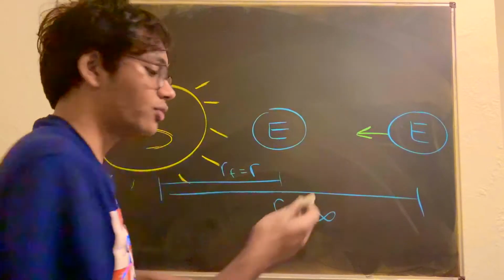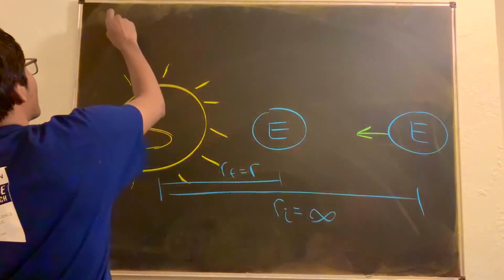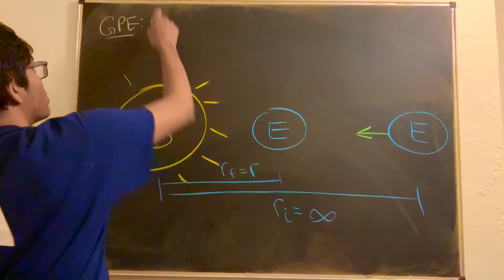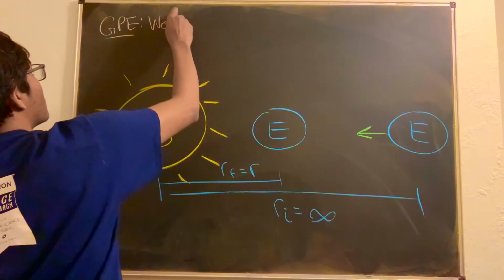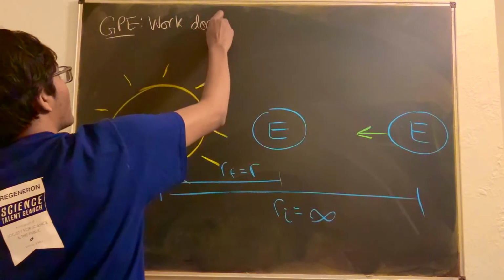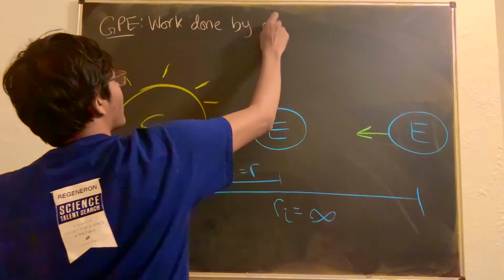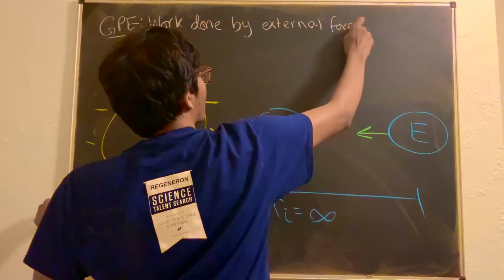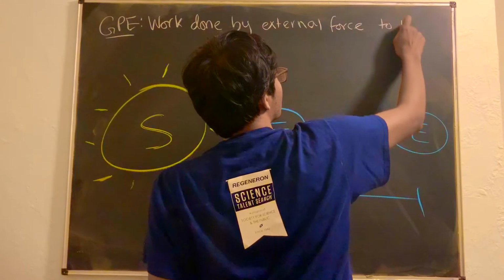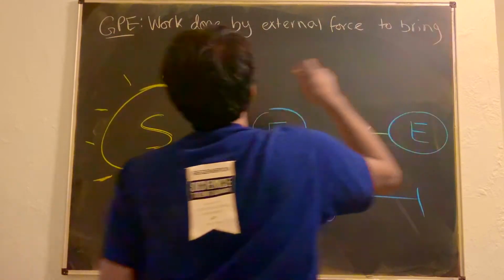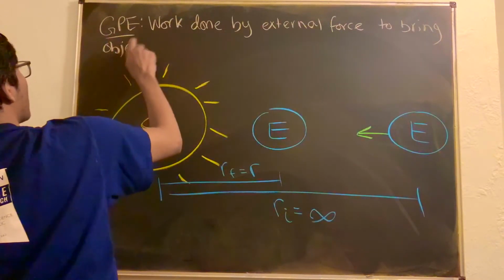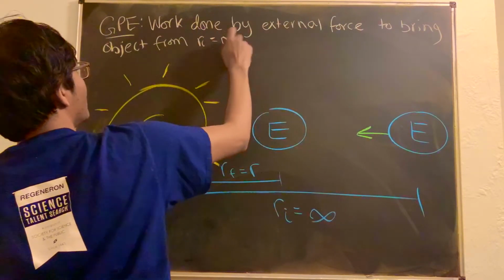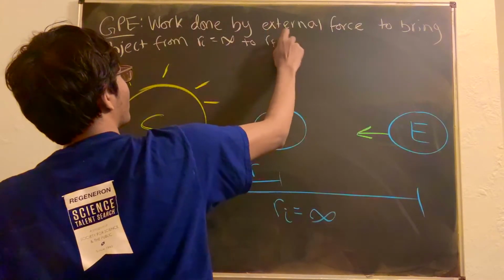So let's go ahead and formally define it right here. So the gravitational potential energy is defined as such. It is the work done by an external force to bring an object from an initial radius of infinity to a final radius of r.